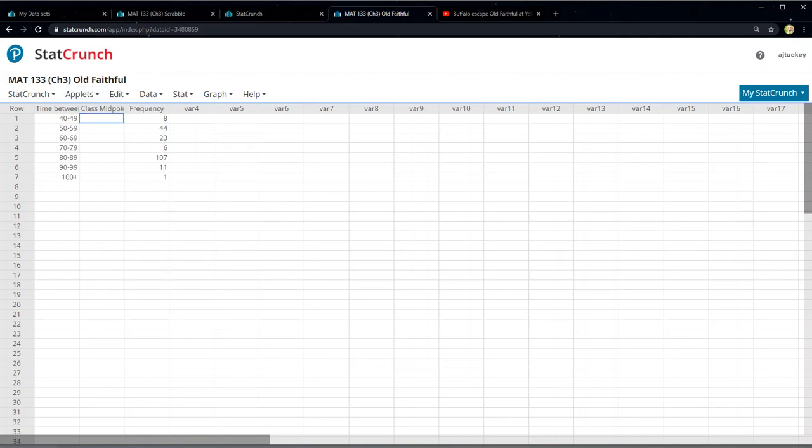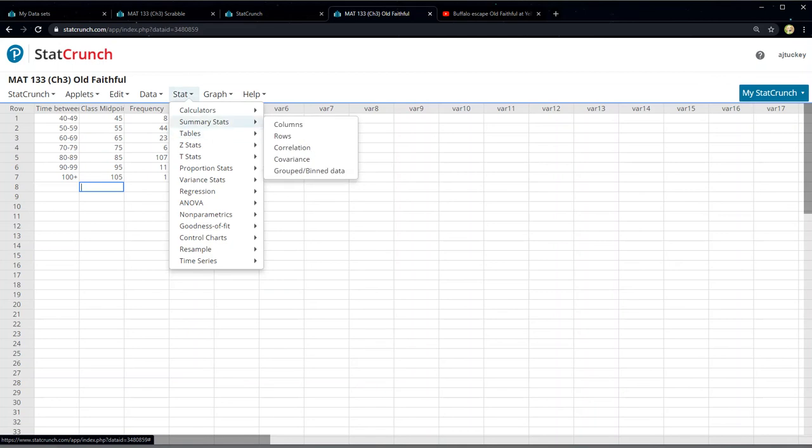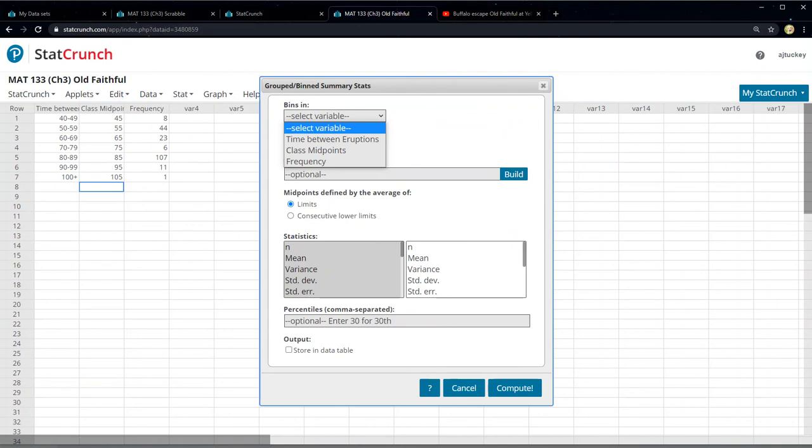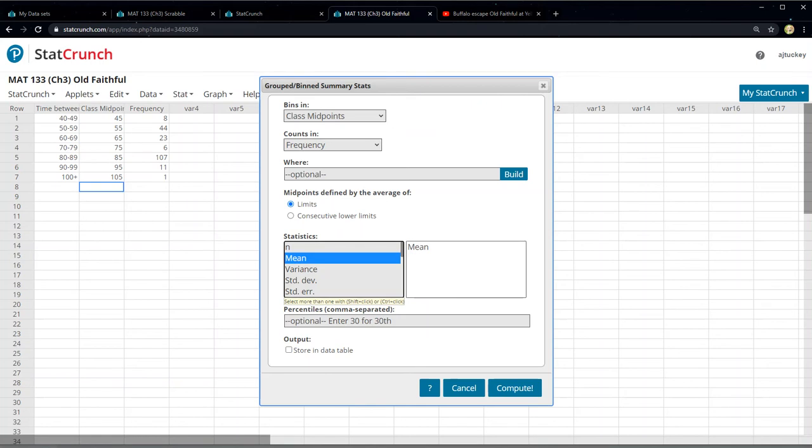All right, so I'm going to, again, retype those midpoints. There they are. Then I go to Stat, Summary Stats. We have grouped or binned data. So our bins are in the midpoints. Our counts are in the frequency right there. And then, looking ahead, we want the mean, we want the median.